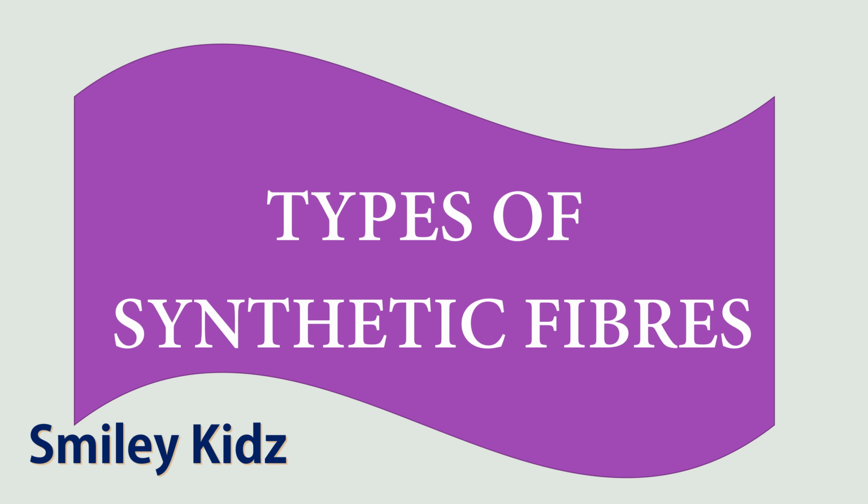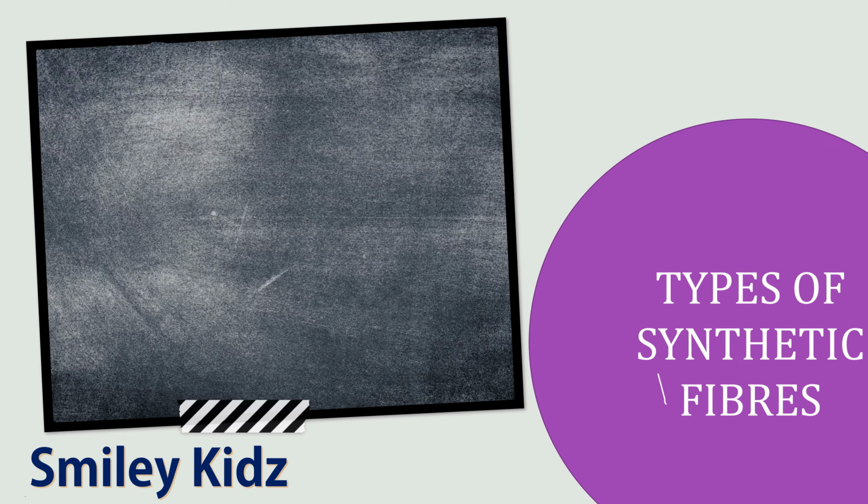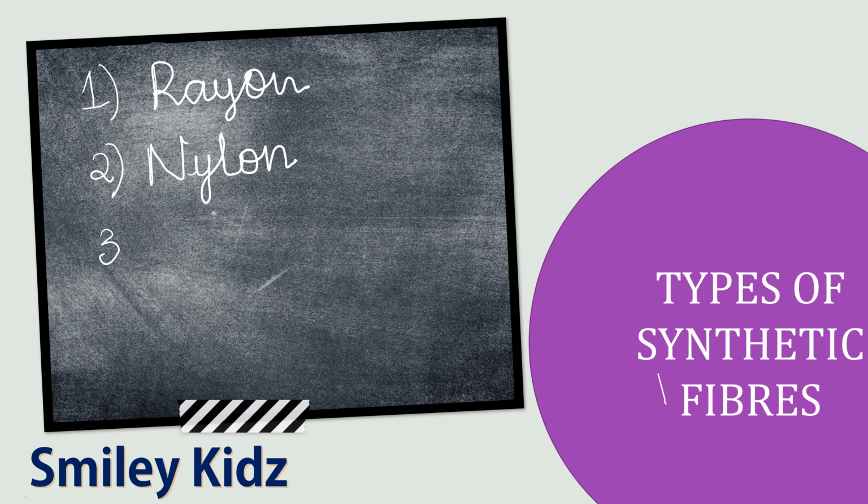Moving ahead to the next topic, types of synthetic fibers. The different types of synthetic fibers used are rayon, nylon, polyester, and acrylic.